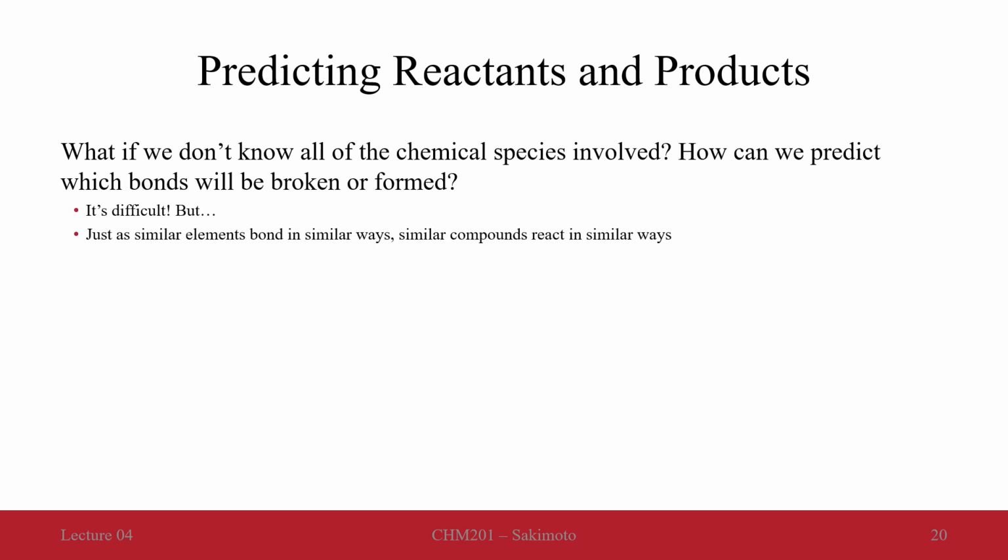I fully admit that, and it's something that you will continue to try to refine over the rest of your studies. But chemistry, luckily, is very much based around pattern recognition, that the same types of patterns repeat over and over in chemistry. Similar molecules will react in similar ways to produce similar types of products. And so a lot of this is trying to observe reactions that have happened in the past as a way to predict similar reactions that will happen in the future.